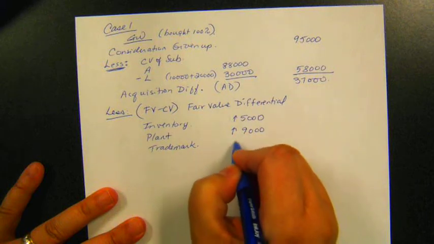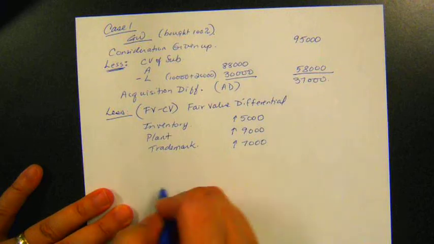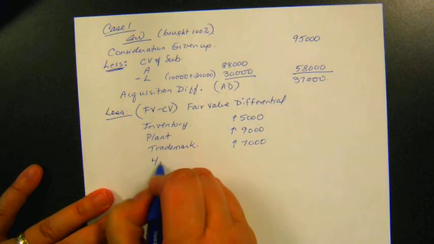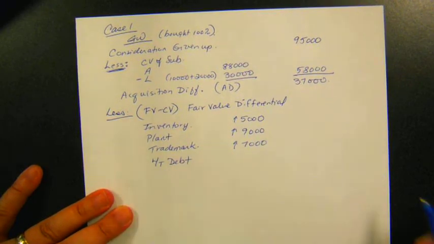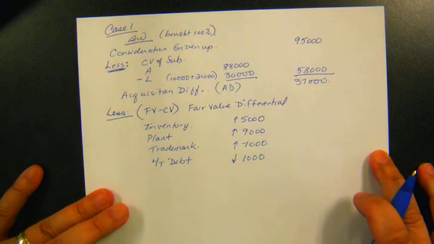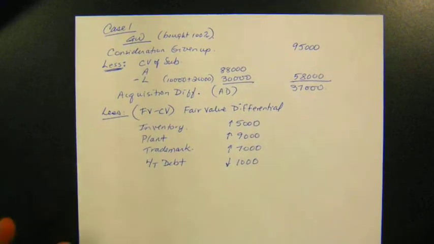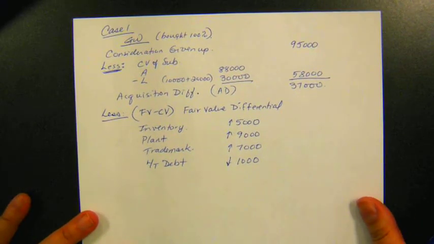That went up by 7,000. Long-term debt. That went down by 1,000. And you scan over your question again, double check they didn't add a patent or a customer list or something like that. And they didn't, so that's it.